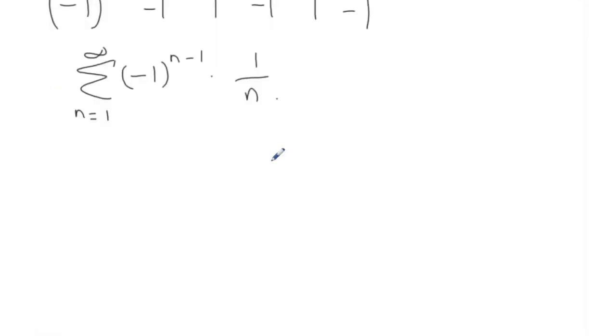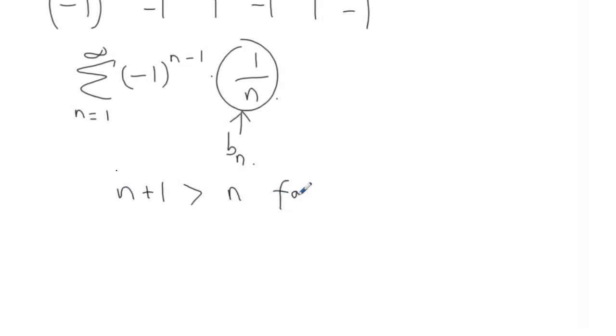So if we just consider the bn bit, this is bn here. We need to show two things. We need to show that bn plus 1 is always non-negative, and it's always less than or equal to bn for all positive integers n. So bn plus 1 would just be 1 over n plus 1. You know that n plus 1 is greater than n for all positive integers n.